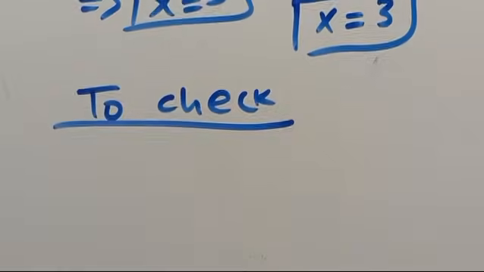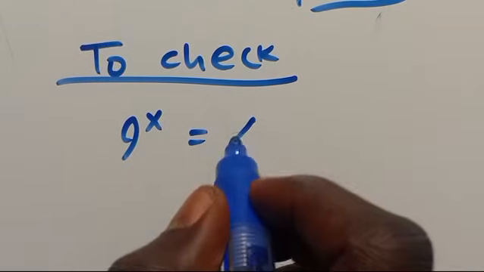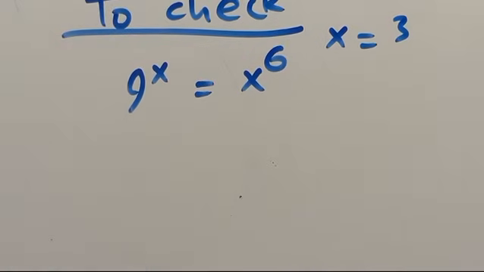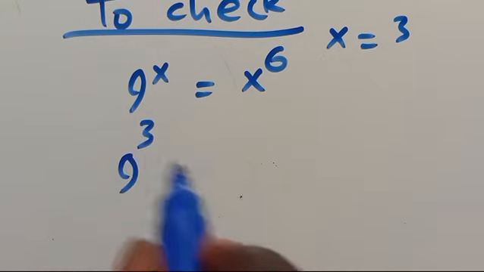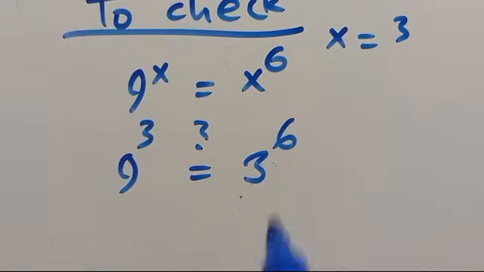We have 9 to the power of x equals x to the power of 6. Then when x equals 3, meaning from here we have 9 to the power of 3, then it's going to be equal to 3 to the power of 6.